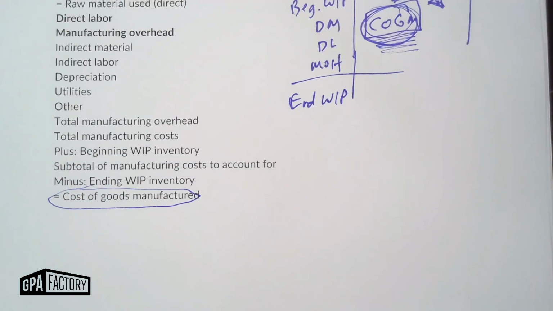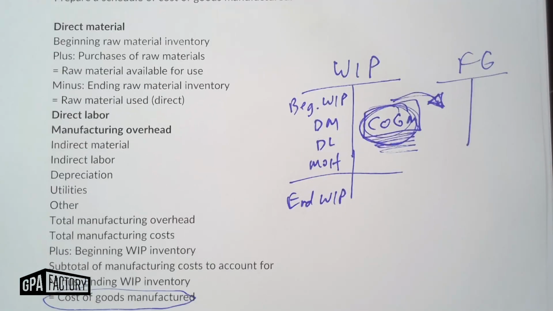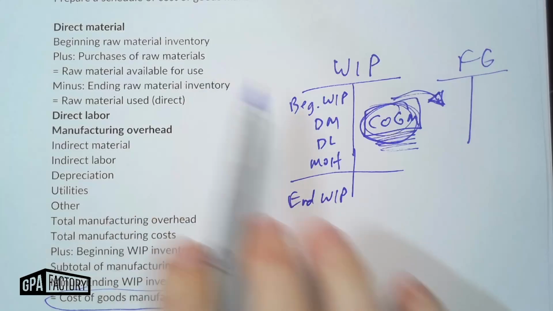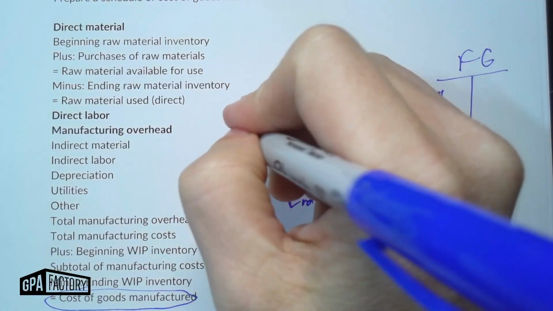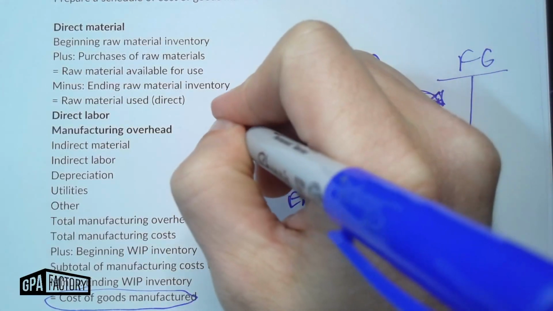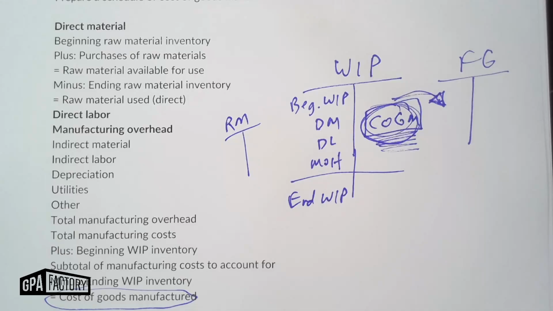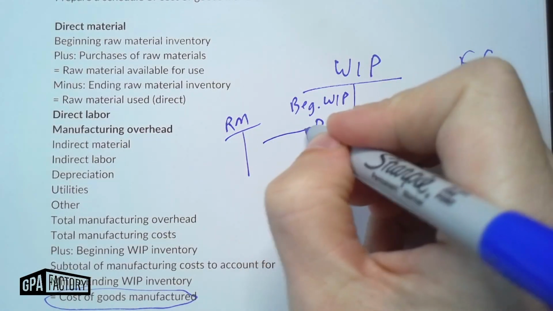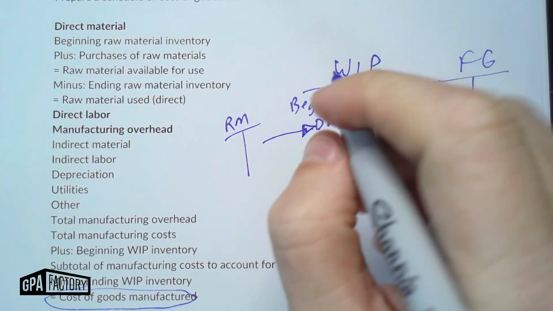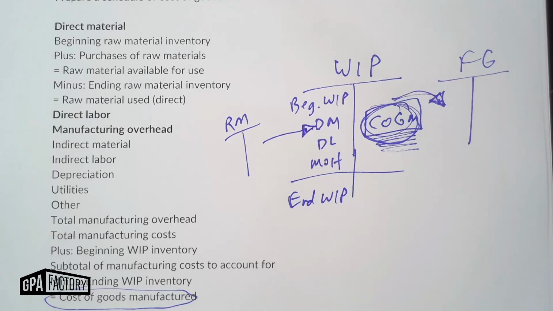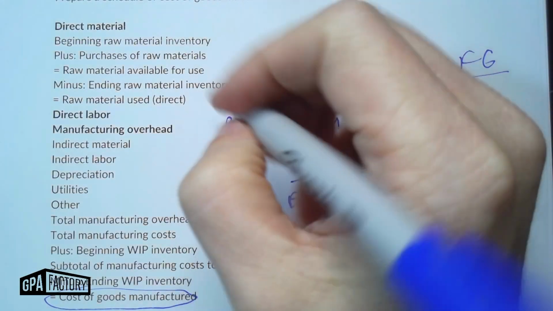Let's go through how we calculate all of these other numbers. So we're going to start with beginning raw materials inventory. Why do we care about that? Well, this is going to be a way for us to feed into our direct materials. It's almost like we have to do a sub calculation, a little bit of a side quest, to figure that direct materials number out.